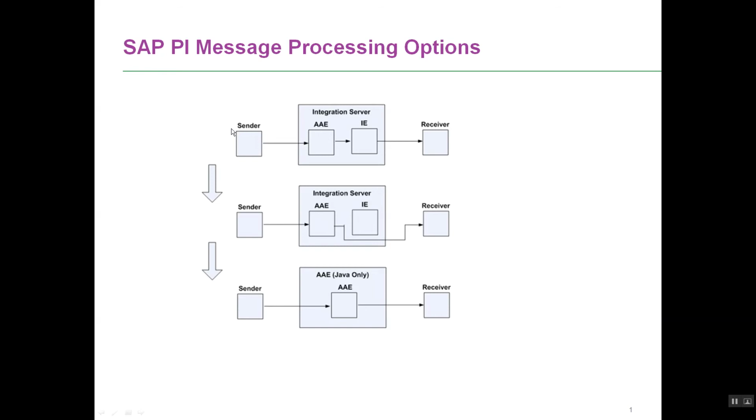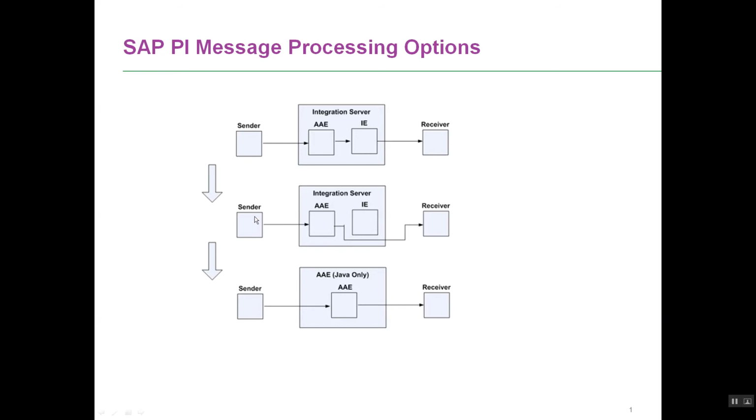Now, this architecture of PI evolved into one of the newer features of PI, where SAP said, why don't we do local message processing through the adapter engine? What do we mean by that? If you look at this picture, the integration engine is not involved at all.